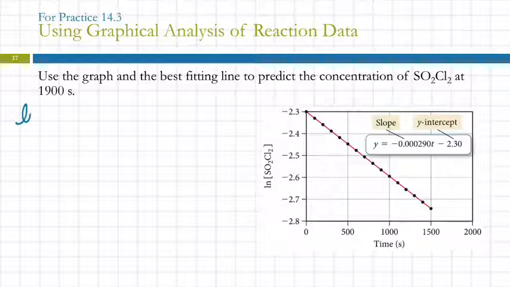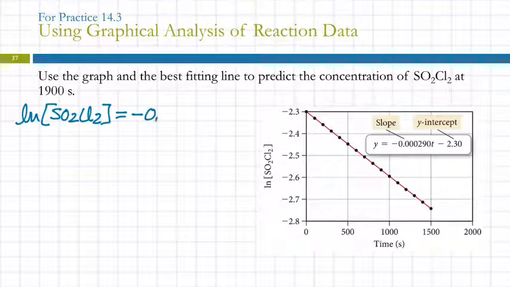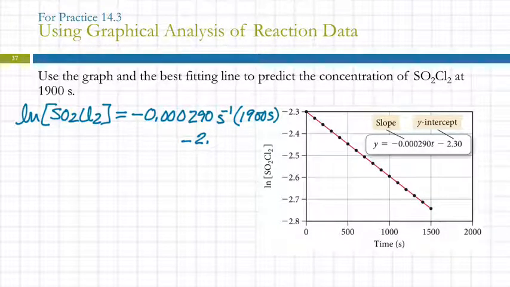So we've got the natural log of SO2Cl2 is equal to negative 0.000290. I'm going to put the unit in there, times the time, 1900 seconds, then I ran out of room, minus 2.30.